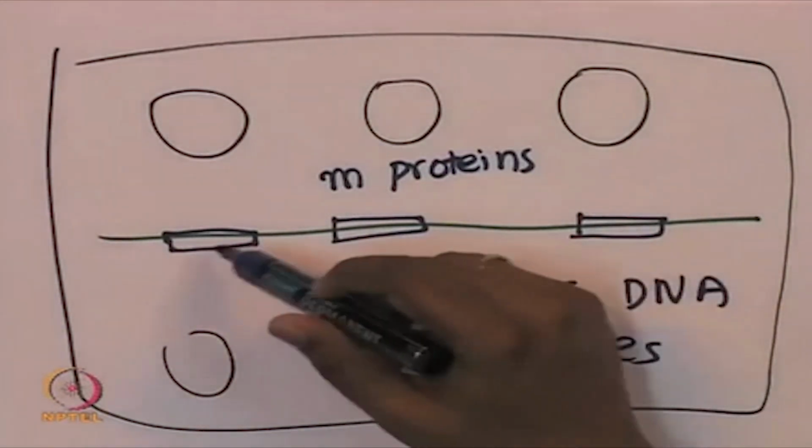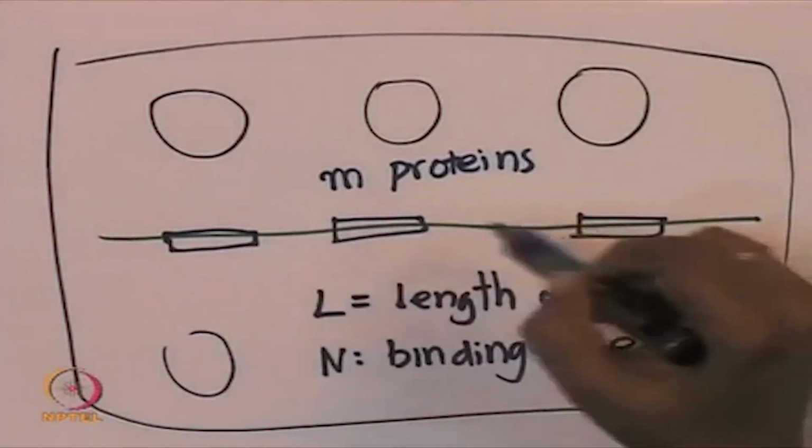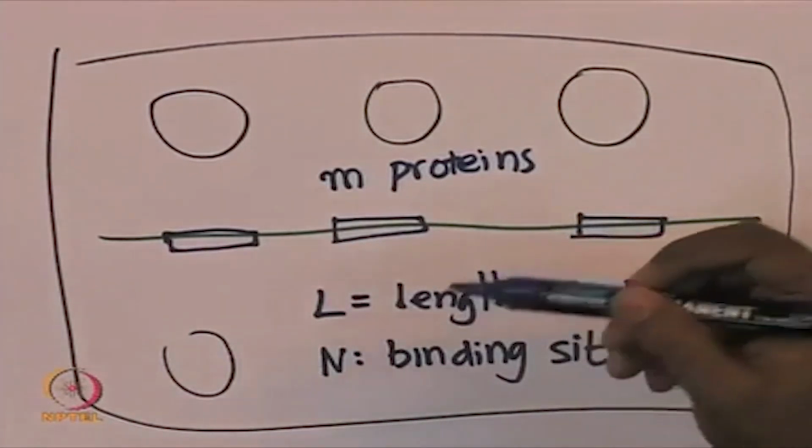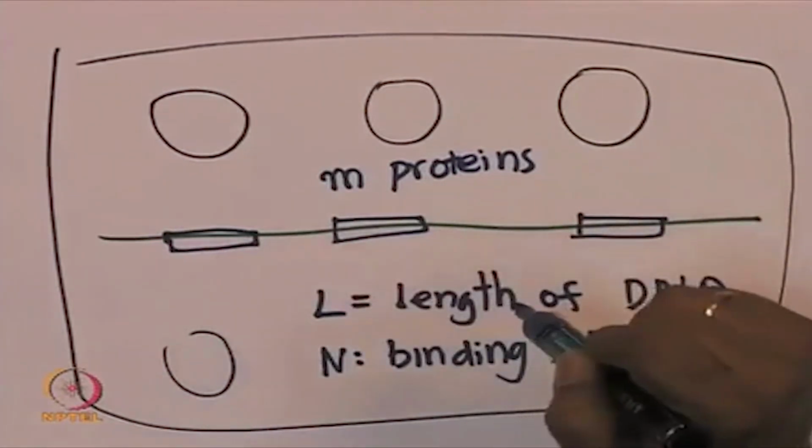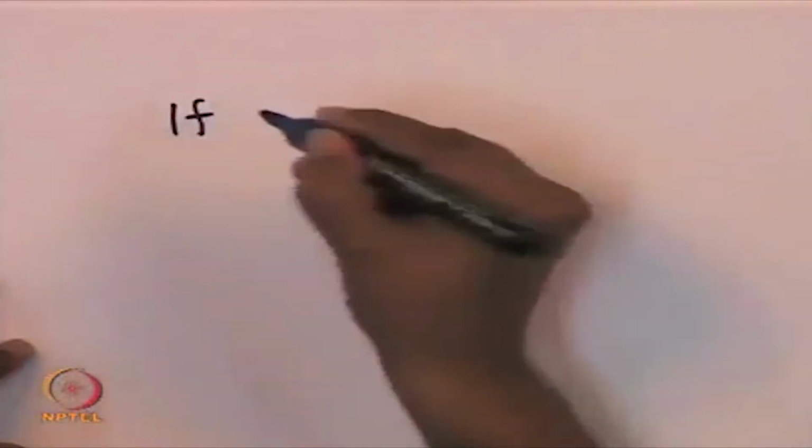Will all of them be bound, or how many of them will be occupied? So, the question we are asking is essentially what fraction of the sites will be occupied.